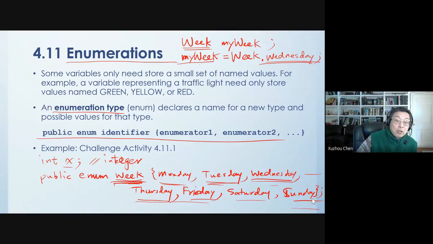January, February, and so on, you can define 12 months. Now, what about another type? For example, I define an enumerated type called traffic light. What do you think the values could be for traffic light?